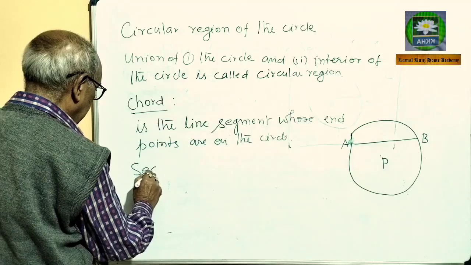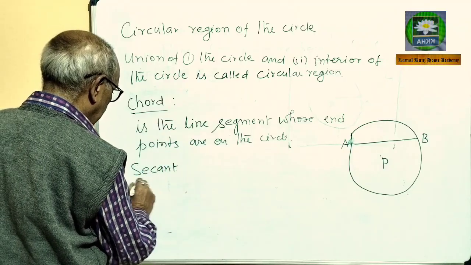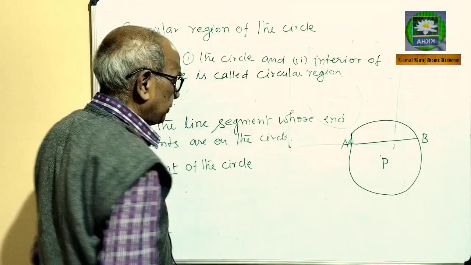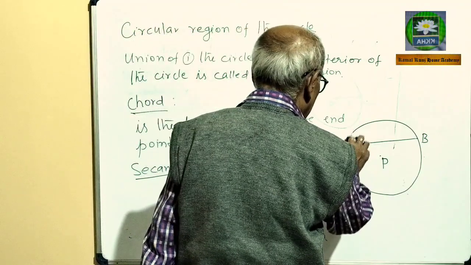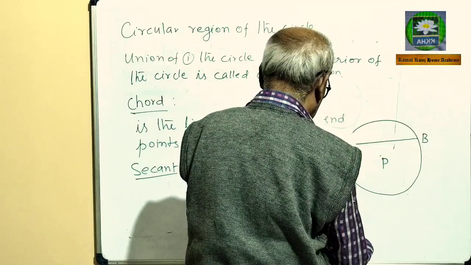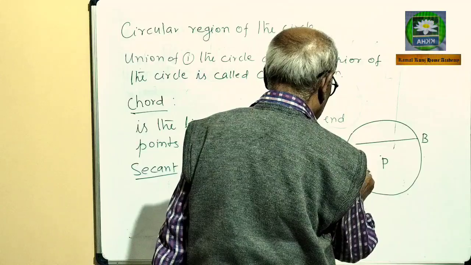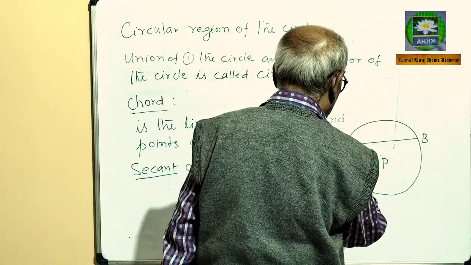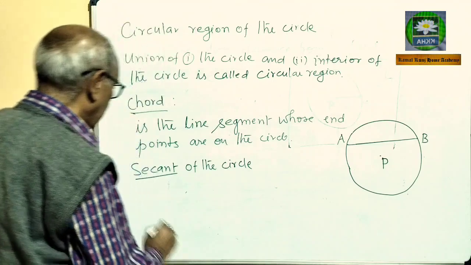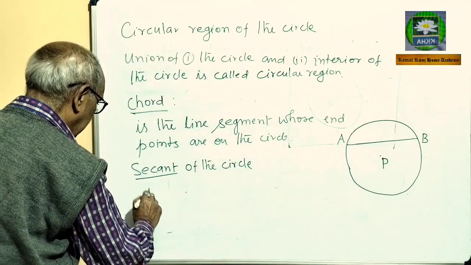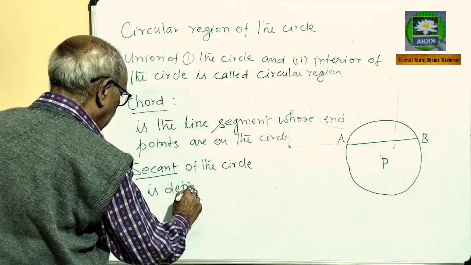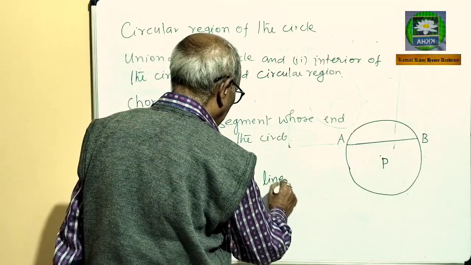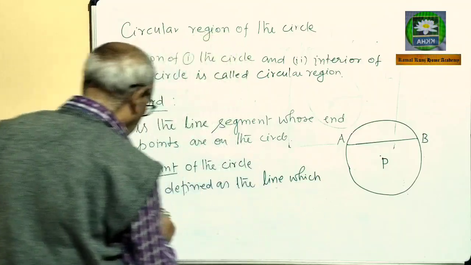What is a secant? A secant is defined as the line which contains the chord.